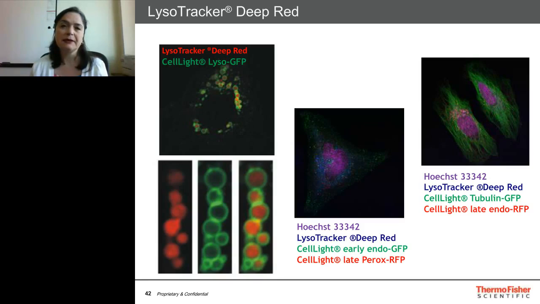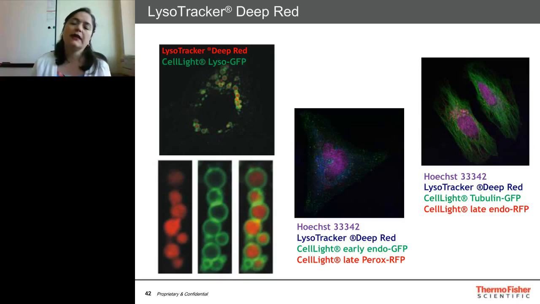Those have less energy associated with them, and sometimes they can help with your phototoxicity issues. So here, just for example, is LysoTracker, and it's in a deep red, so that would be a longer wavelength red indicator.